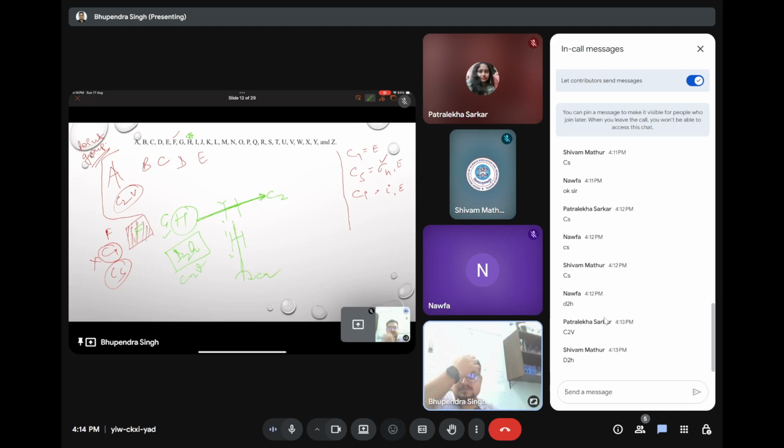Now consider this axis. This axis is also bisecting H into two parts. So if you rotate it along this axis, it will give you the C2 axis, and these two axes are perpendicular to each other.